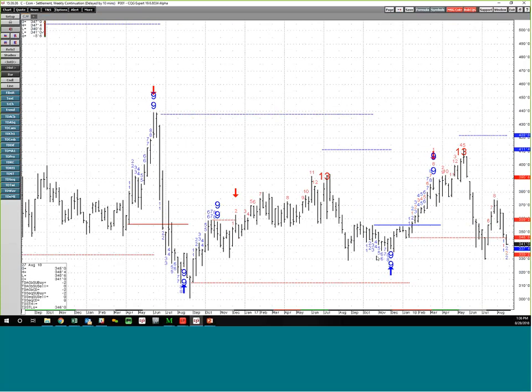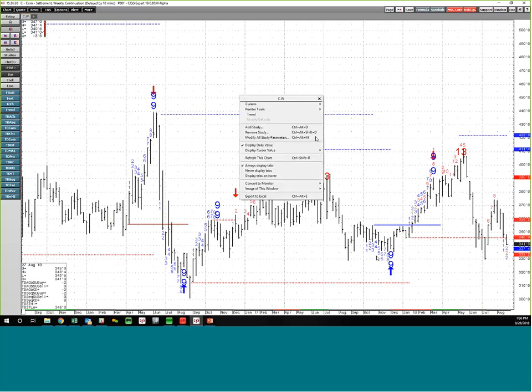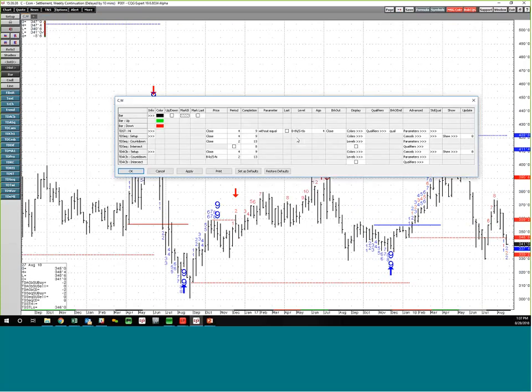If I was to look at combo and sequential, as I said earlier, Tom has parameterized all of the DeMark indicators for continuing research, for continuing development, so that if you as a user wanted to dive into trying to really customize this so that it fits your process, or you find that there's a better setting, a better variation that is a better fit for the time frame you look at or a particular market you look at, you can parameterize all of this.